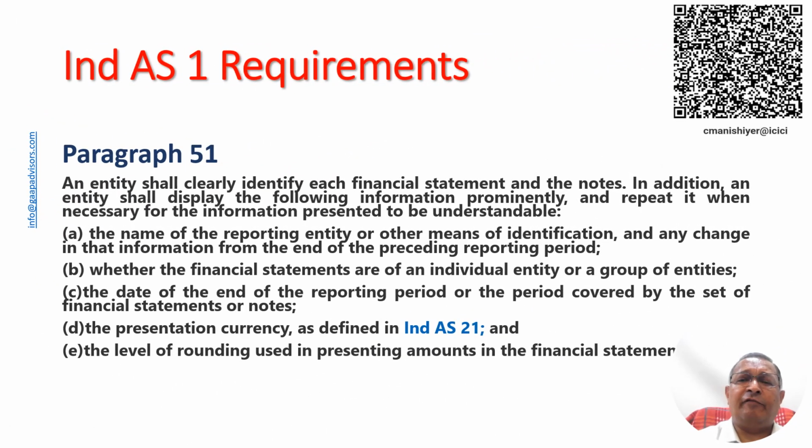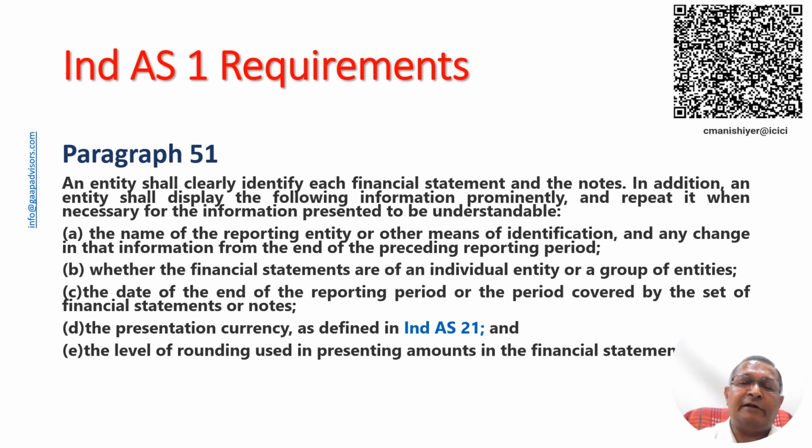Paragraph 51 of Ind AS 1 requires a company to disclose prominently and repeat when necessary whether the financial statements are of an individual entity or a group of entities for the information provided to be understandable. The company has not disclosed whether the financial statements are of an individual entity or a group of entities.